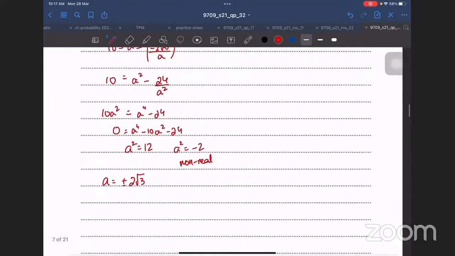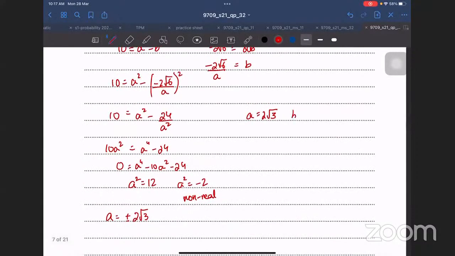Find the two square roots. So when a is 2 root 3, b is minus root 2, or plus root 2 when a is minus 2 root 3.